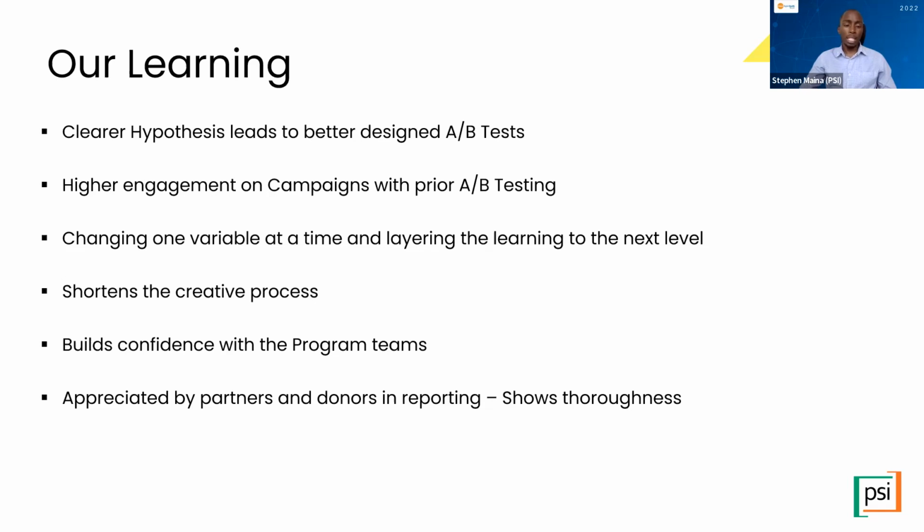The other thing that we've seen is learning to change one variable at a time and, as Penny mentioned, layering the learnings onto the next level. You could start off with even the message. We've done that in campaigns where we said, let's put the creatives aside and first focus on the message. What message do we believe will perform better?